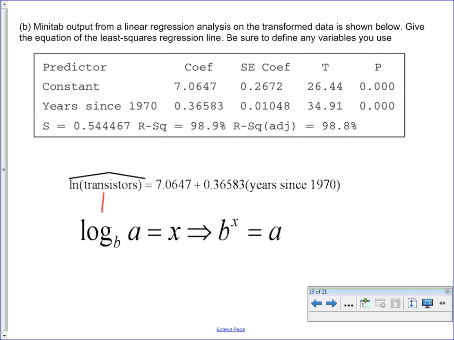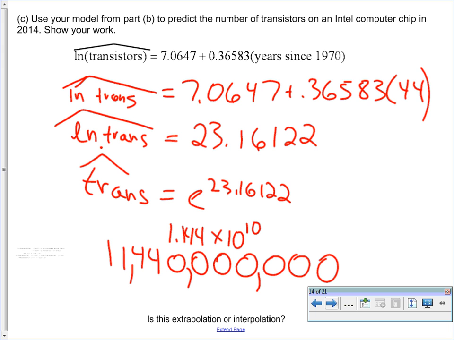The key here is that what's under the hat is the transformed data. And what you'll find is we get a very, very linear relationship. You can see the R squared value is 98.98. So it's very straight once we do that. And so that's the kind of data we're doing.